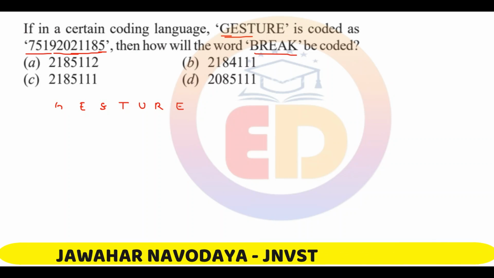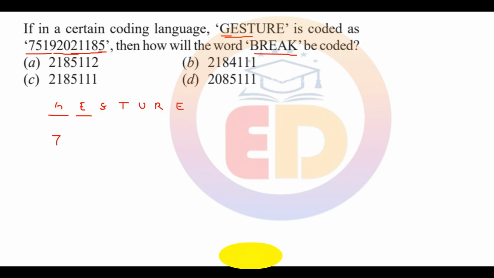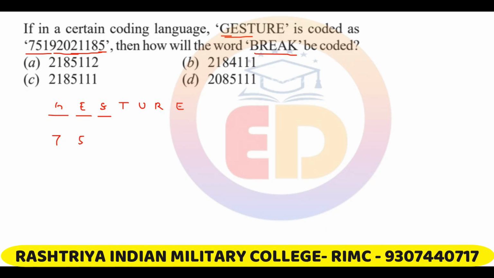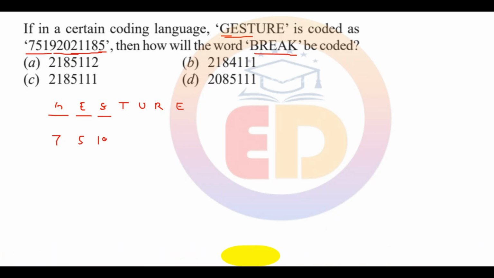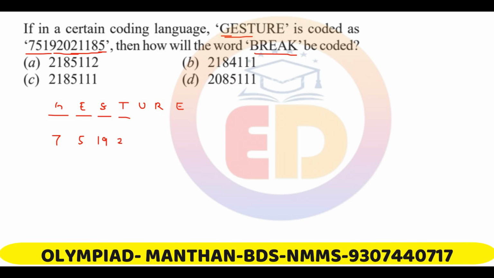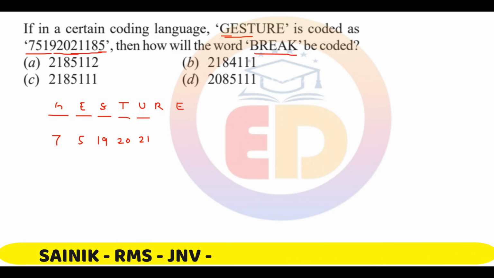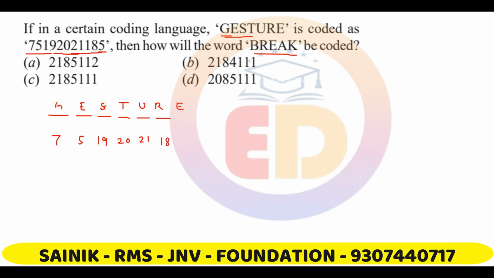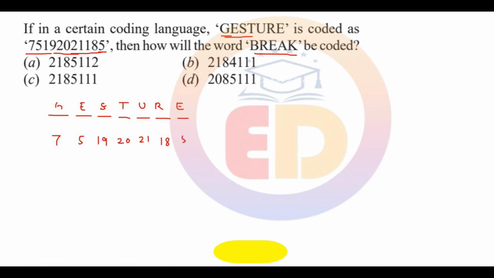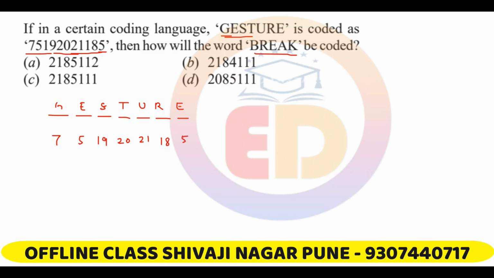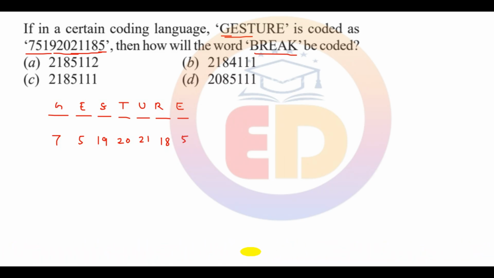The code they have taken, G is 7, E is 5, S is 19, T is 20. So they have taken the respective alphabetical numbers. U is 21, R is 18. It's just that numbers are written together, we might get confused, but on a closer look we can identify that they are the letters with their respective numbers.